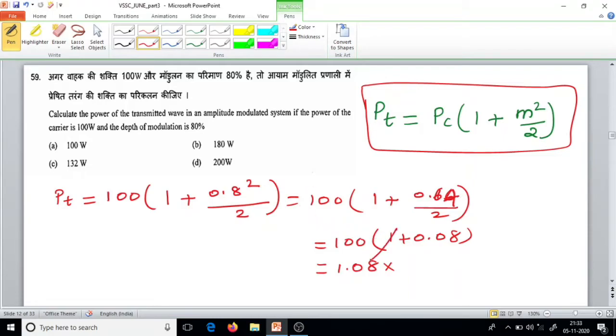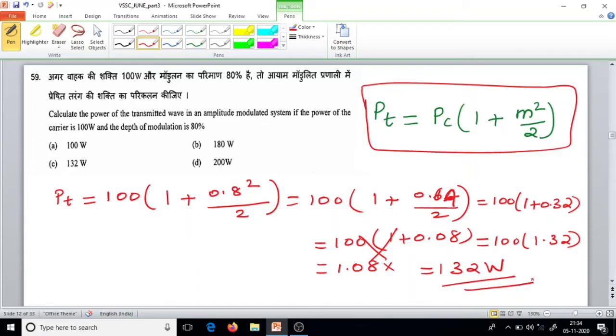So it equals 100 multiplied by 1 plus 0.64 divided by 2, which is 0.32. 1 plus 0.32 equals 1.32, so 100 multiplied by 1.32 equals 132 watt. So the answer is 132 watt.